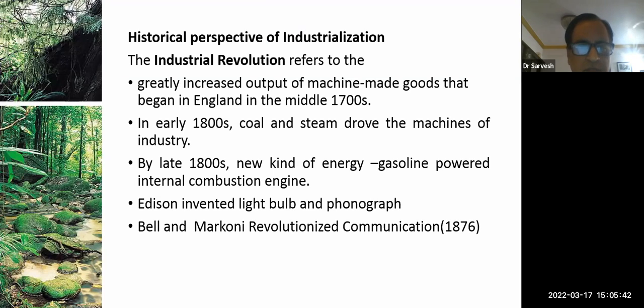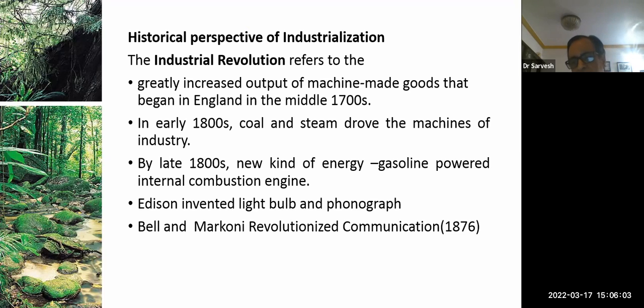In the historical perspective, the Industrial Revolution began, marked by increased output of machine-made goods and services during the 1700s. From 1800 onwards, coal and steam came into being and drove the industry machines.